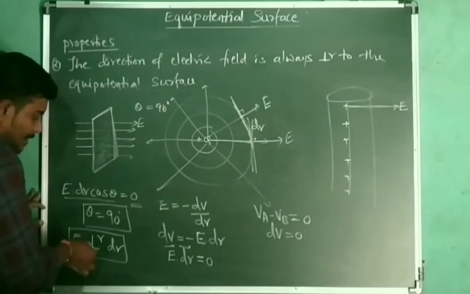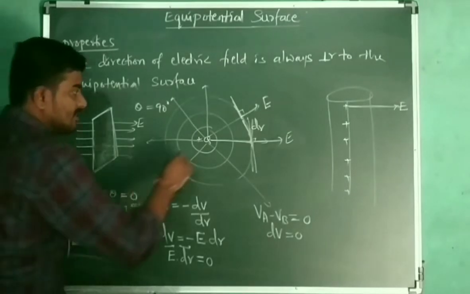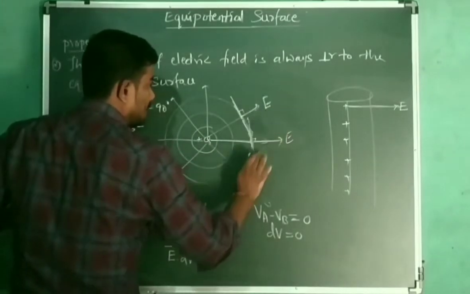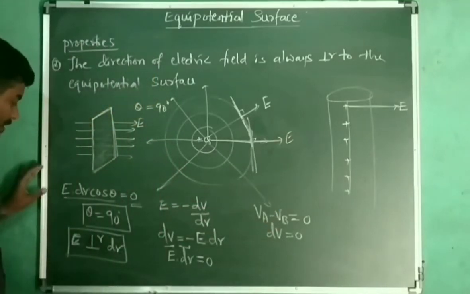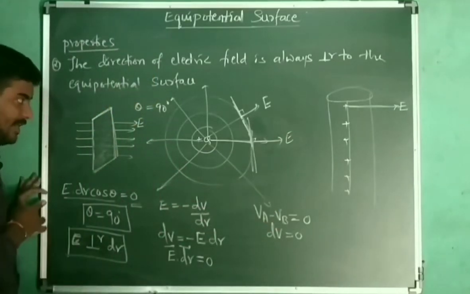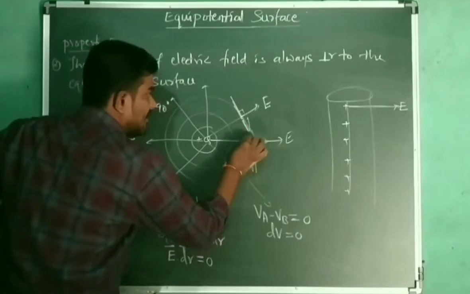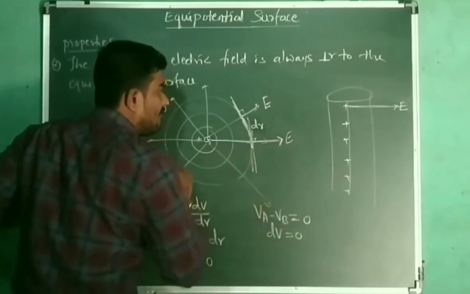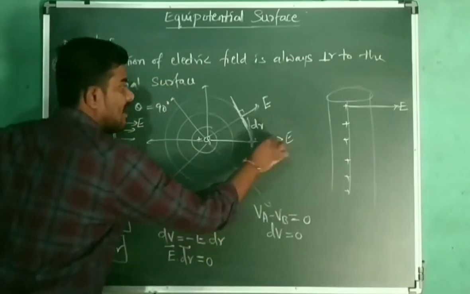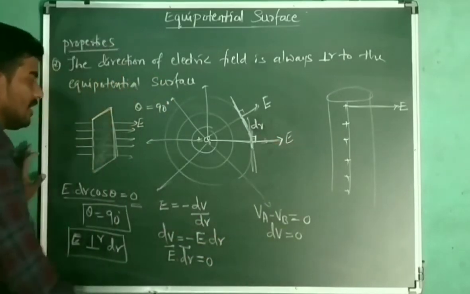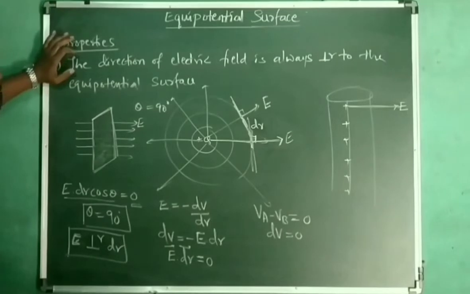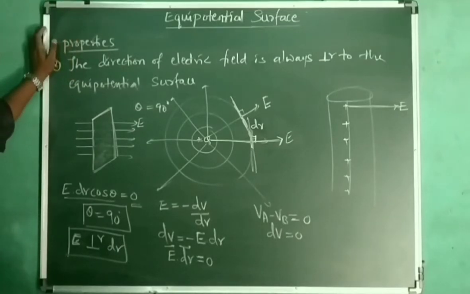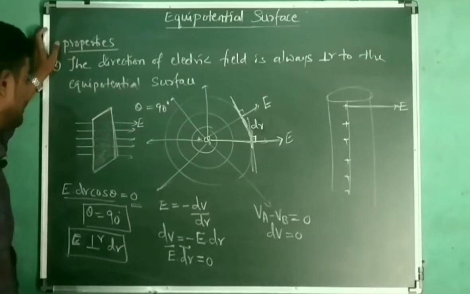See, E is perpendicular to dr. The meaning is if this is dr distance, for this dr, E is at an angle of 90 degree. See, dr and E are at 90 degree. So this is a very important property, second property of equipotential surface.